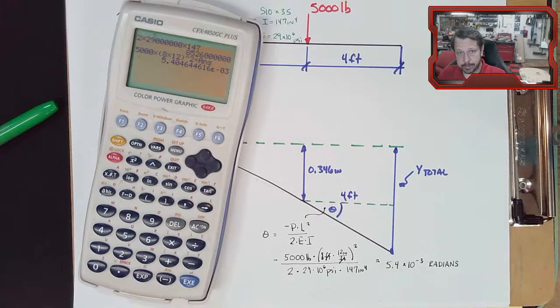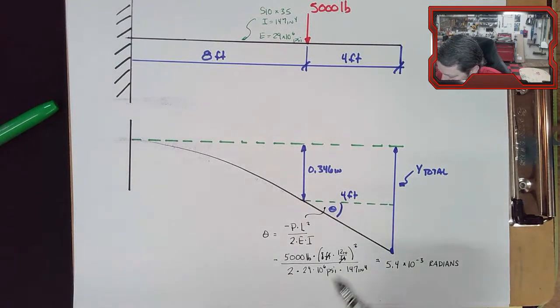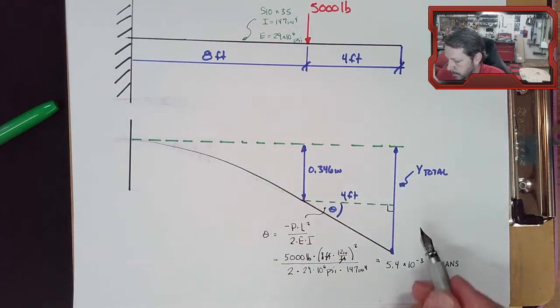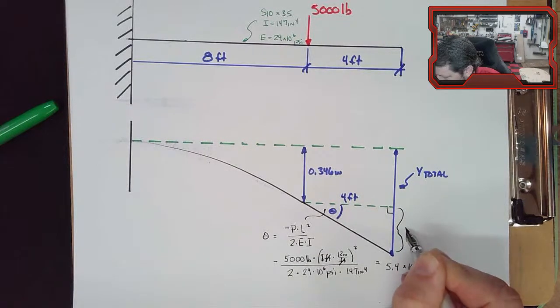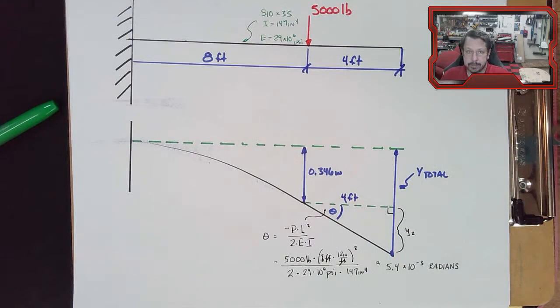Now, I can either take that radian measure and treat this as a right triangle, the way I've drawn it. So right angle, and I can just use a tangent to figure out this side, y2. So that's totally legitimate way to do it.